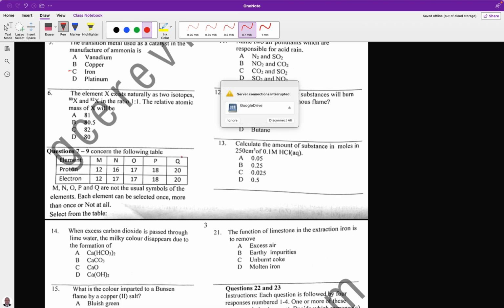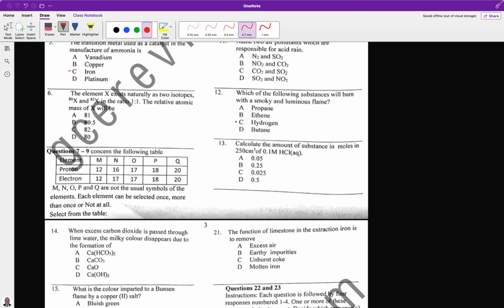Question 6. The element X exists naturally as 2 isotopes, with atomic masses of 80 and 82 in the ratio 1:1.